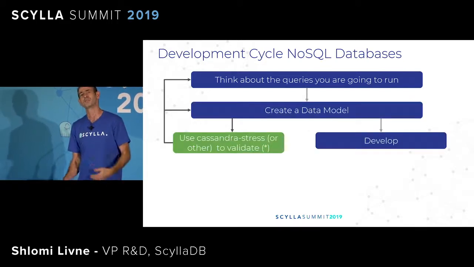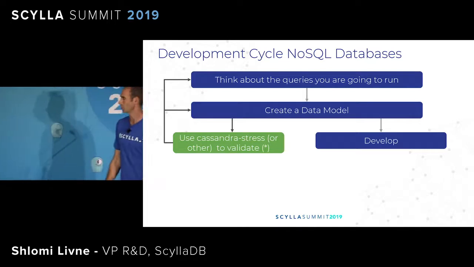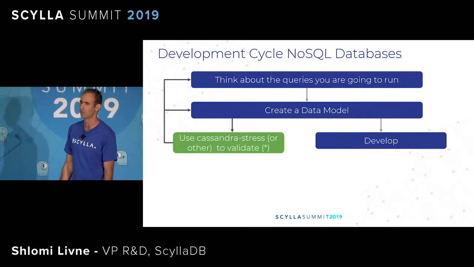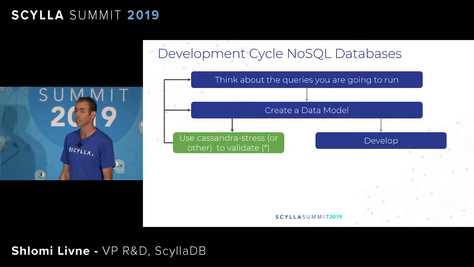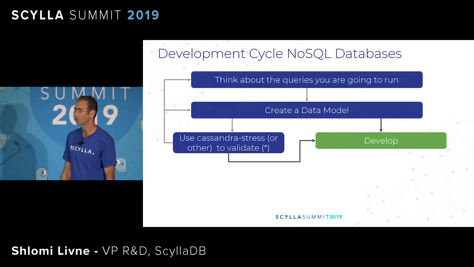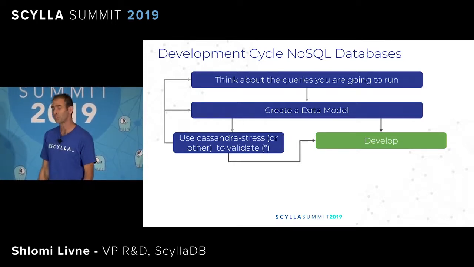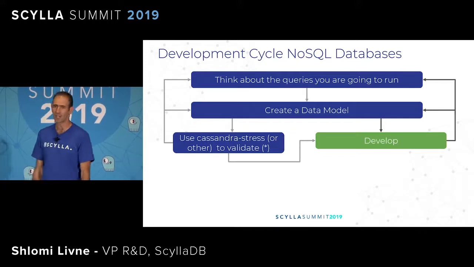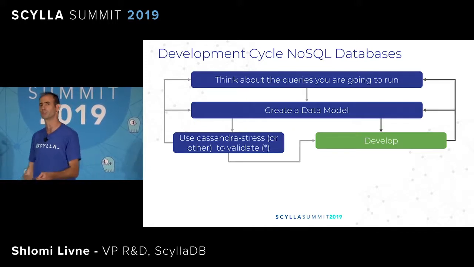Then comes a point where you need to decide. Some people select to run Cassandra tests or other simulation tools to see if this really holds. Others select to develop. When you do your development, you start running small tests, and the reality is that you need to do some iterations.